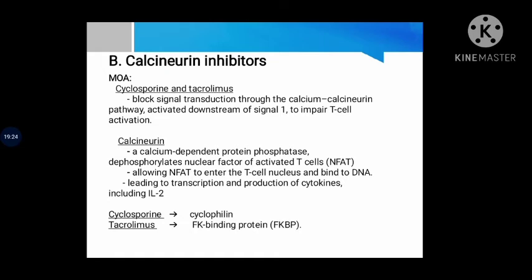To impair T cell activation, calcineurin, a calcium-dependent protein phosphatase, dephosphorylates nuclear factor of activated T cells, allowing NFAT to enter the T cell's nucleus and bind to DNA, leading to transcription and production of cytokines, including IL-2.